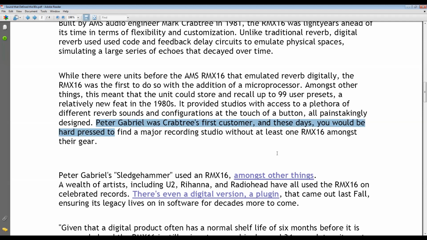So you can say that, whoop, that's a little big. Let's take it down to 12 here.